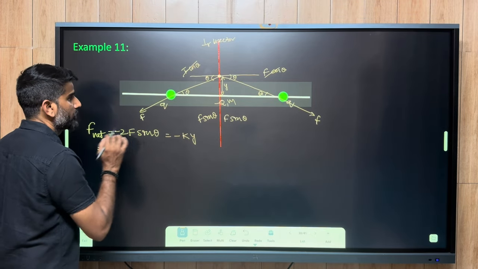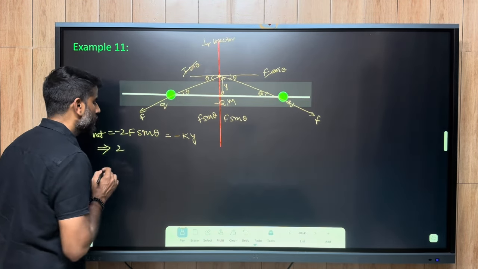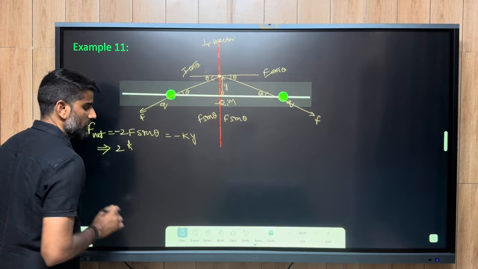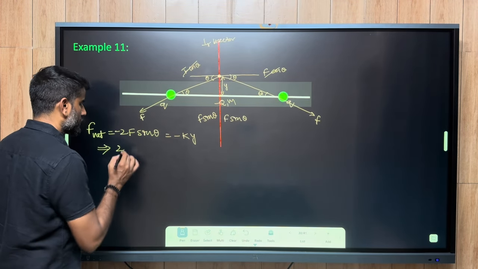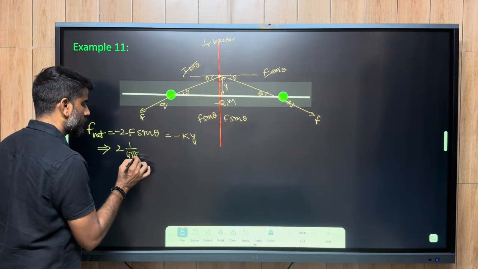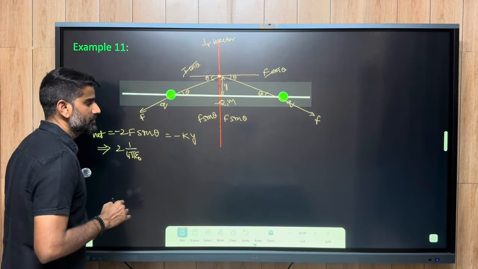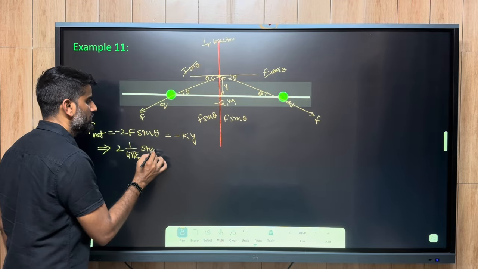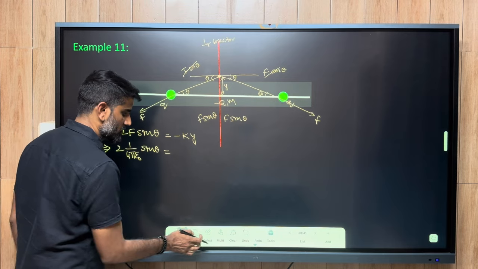F is nothing but the electric force between the two charges. Electric force: instead of writing K, I am going to write 1 by 4 pi epsilon naught. 1 by 4 pi epsilon naught, sin theta, is equal to F. F is not completely written, right?